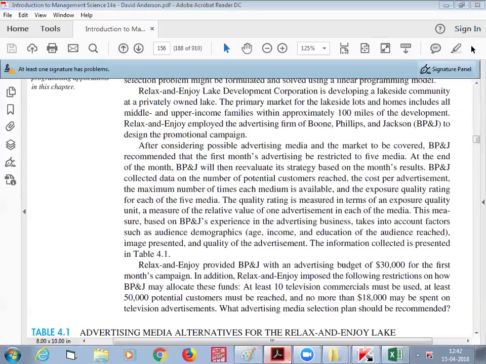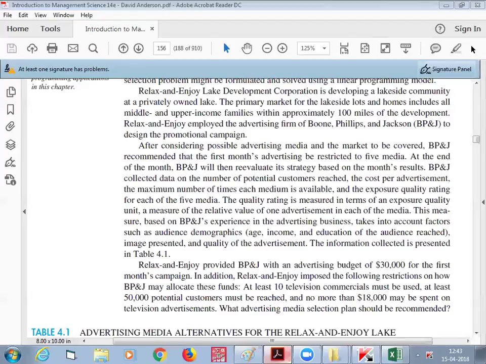What were we saying? After considering possible advertising media and the market to be covered, BPNJ has recommended the first month's advertising be restricted to 5 media. At the end of the month, we'll reevaluate this strategy. They collected some data regarding the number of potential customers reached, cost per advertisement, maximum number of times each medium is available, and the exposure quality rating of each media.